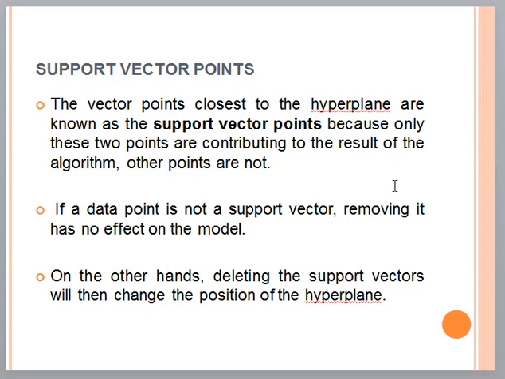So let's now define the technical key terms or key points of a support vector machine. Let's start with the support vectors. Let's see what support vector points are in a support vector machine. The vector points closest to the hyperplane are known as the support vector points, because only these points contribute to the result of the algorithm.